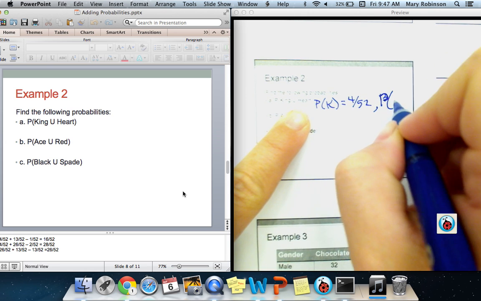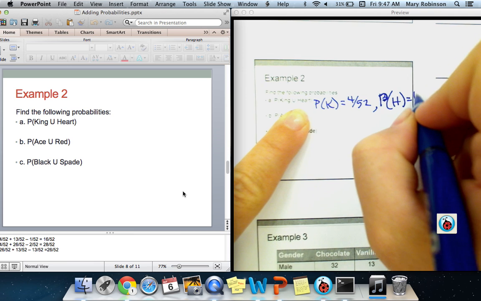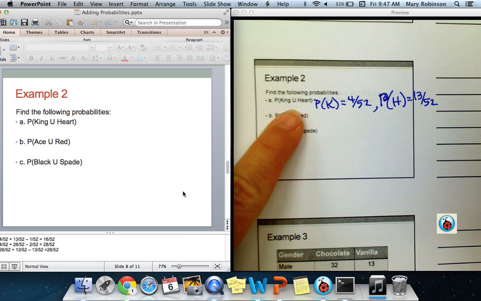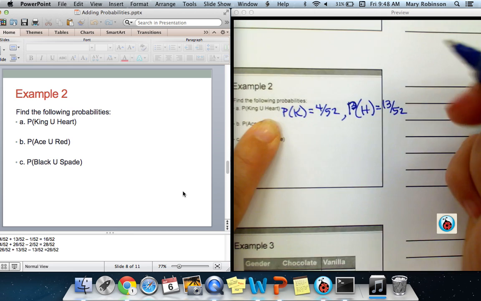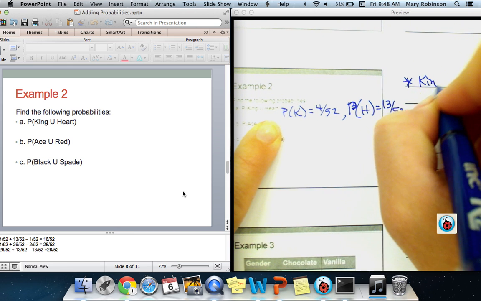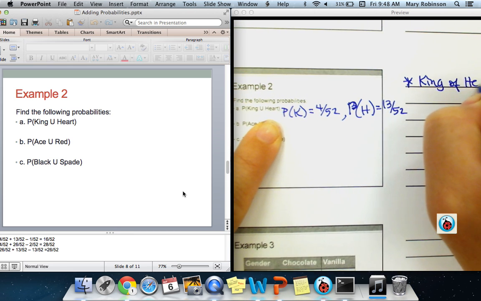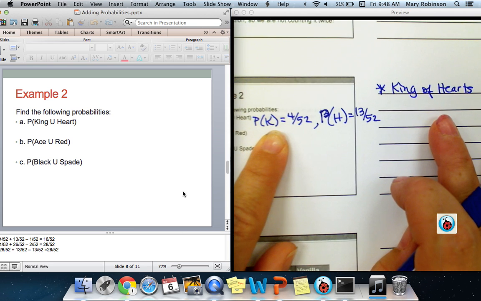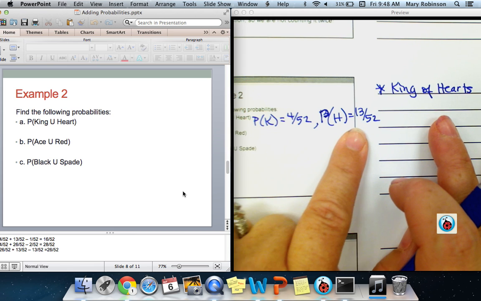Probability of heart equals 13 out of 52. What we need to think is, are there any hearts that are kings or kings that are hearts? Yes, we actually have a king of hearts.